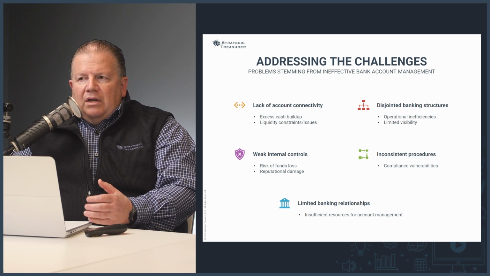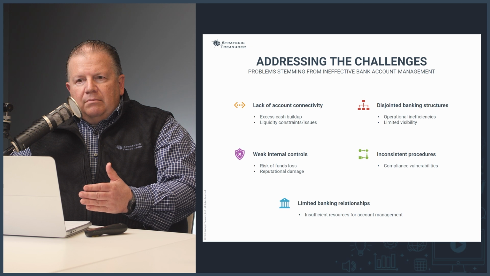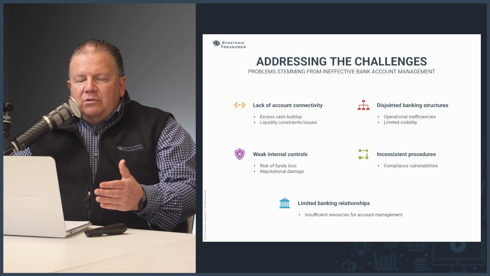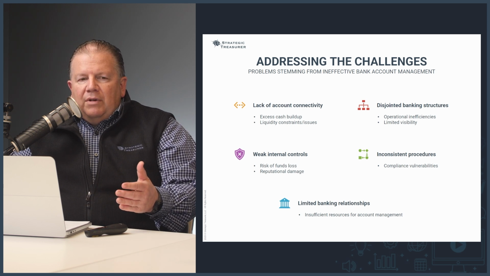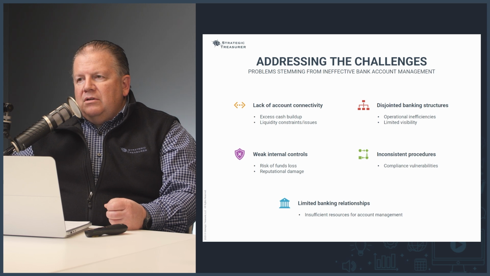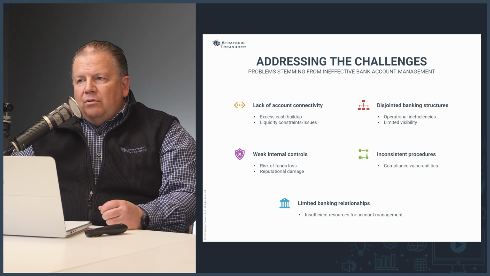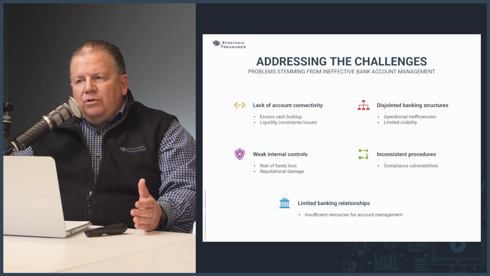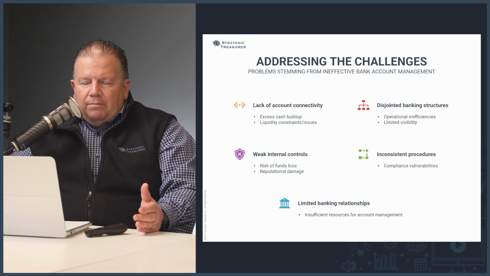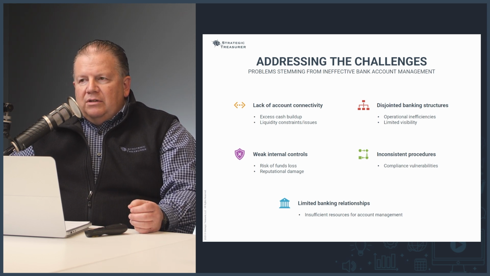Inconsistent procedures, I don't want to spend much time on that. If we have inconsistent procedures and security measures, those types of things create challenges for efficiency and for control, whether it's accounting or protecting against payment fraud. That's really significant.